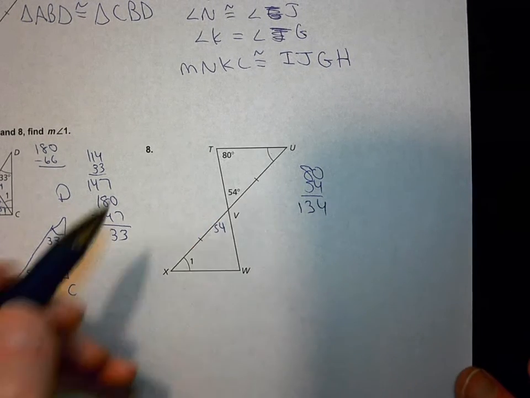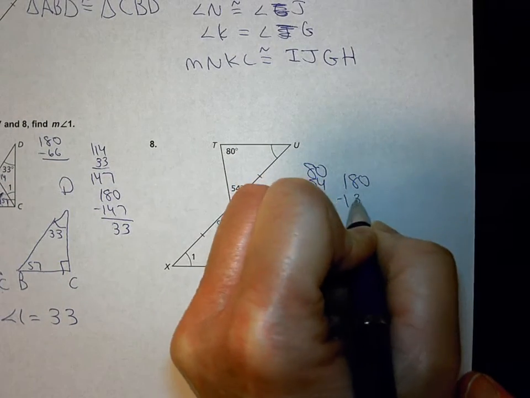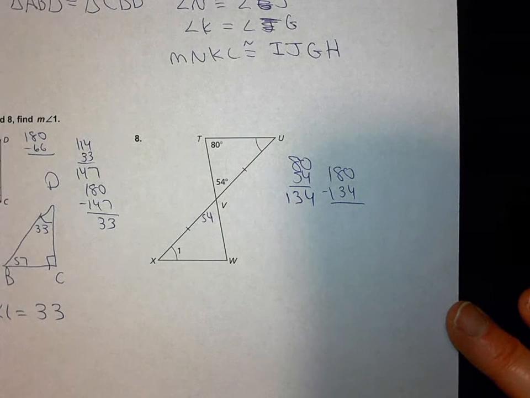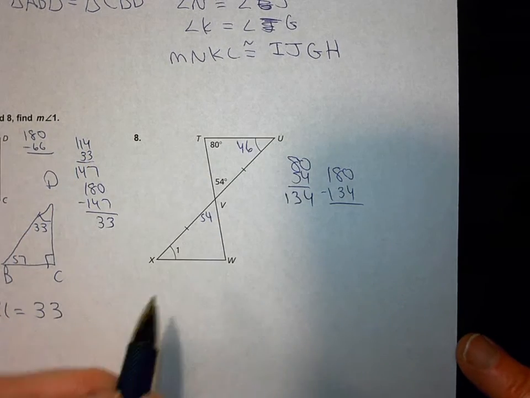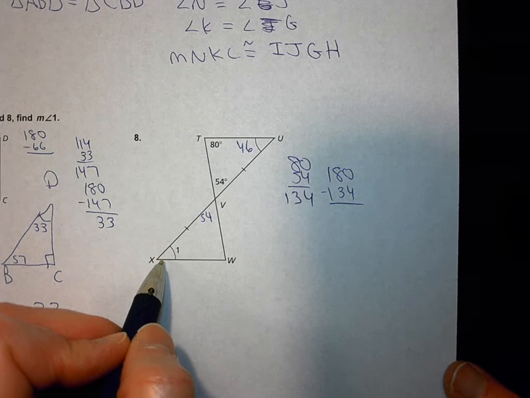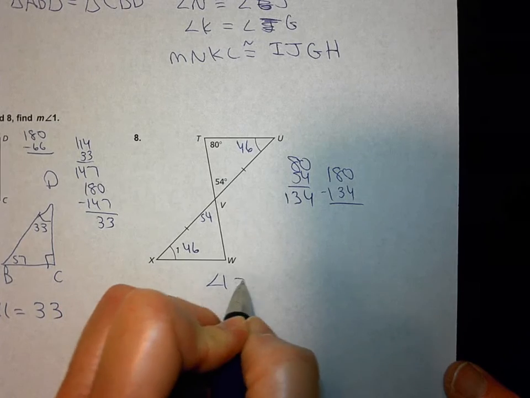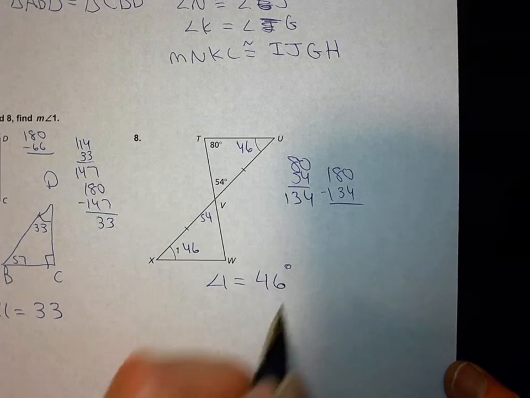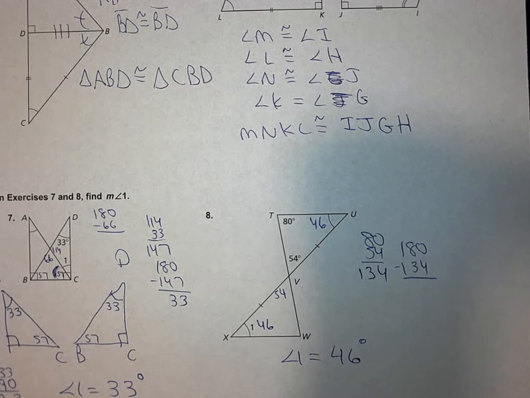So if these two are 134, we're going to do 180 minus 134. So this angle is going to be 46, and because it's congruent to that angle, we're going to make it a 46. So angle 1 on this side is 46 degrees. So that takes care of your practice for 5-2.